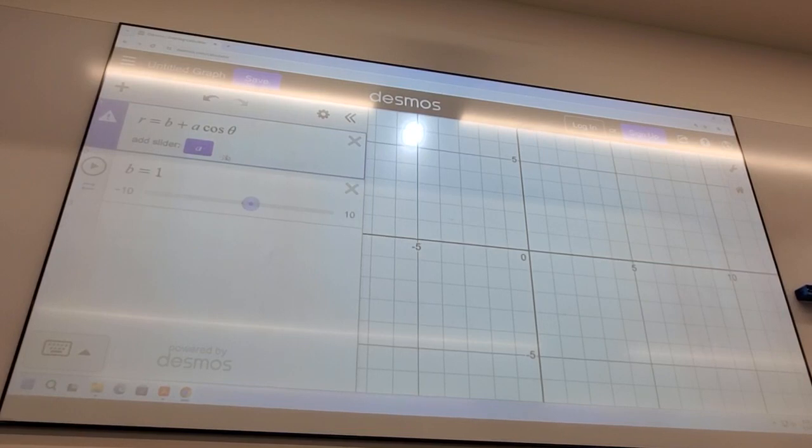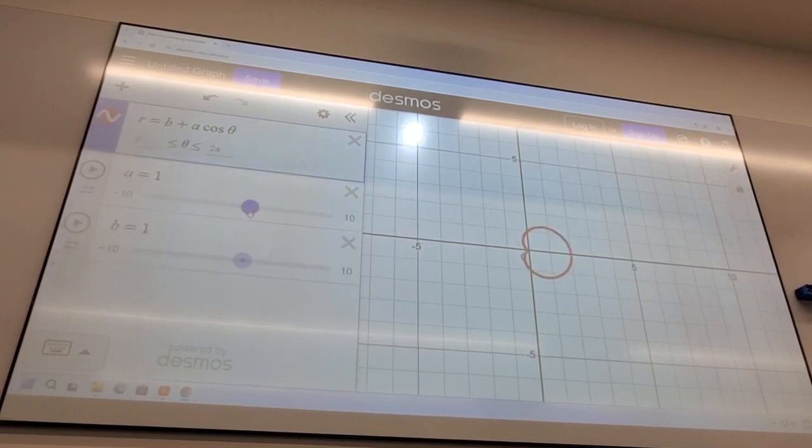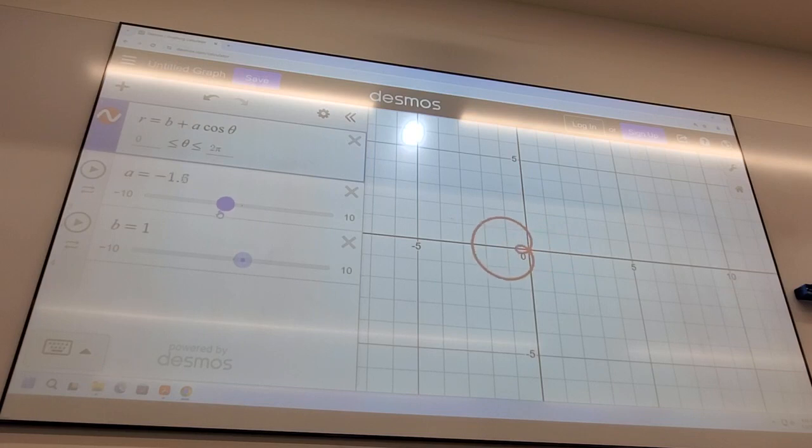If I do this, then I can control the value of each of these. So you can see what happens if I change the coefficient. B looks to control kind of the size, and then at one point the inside dude says, "My turn to be outside." Do you guys see that?